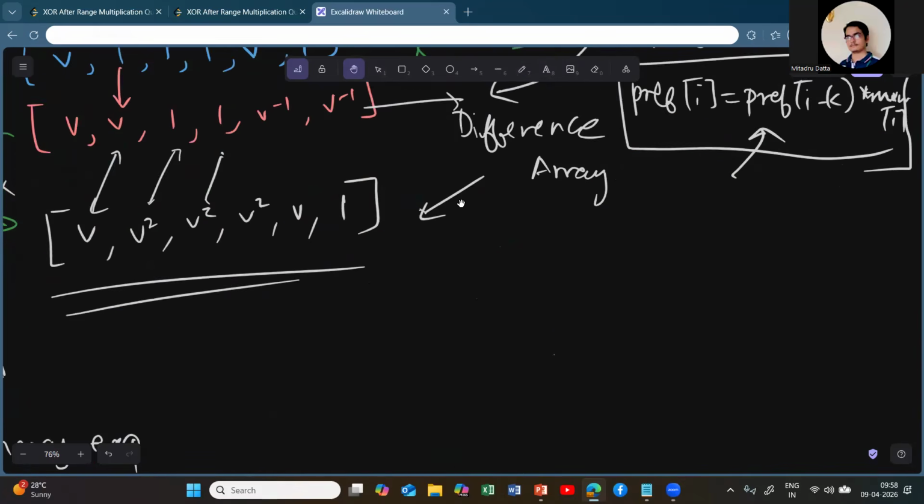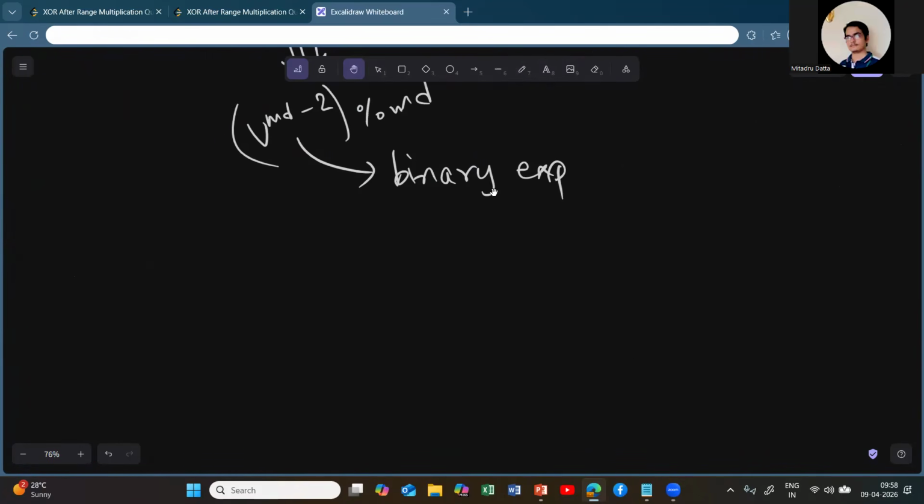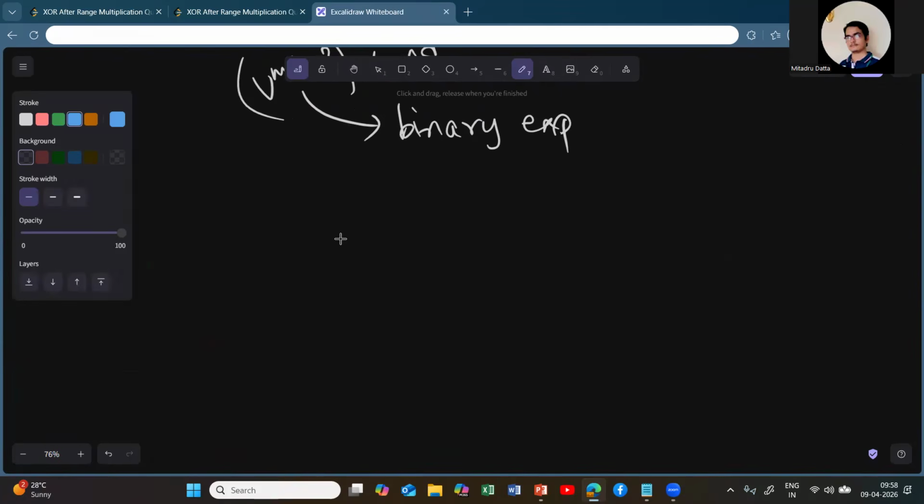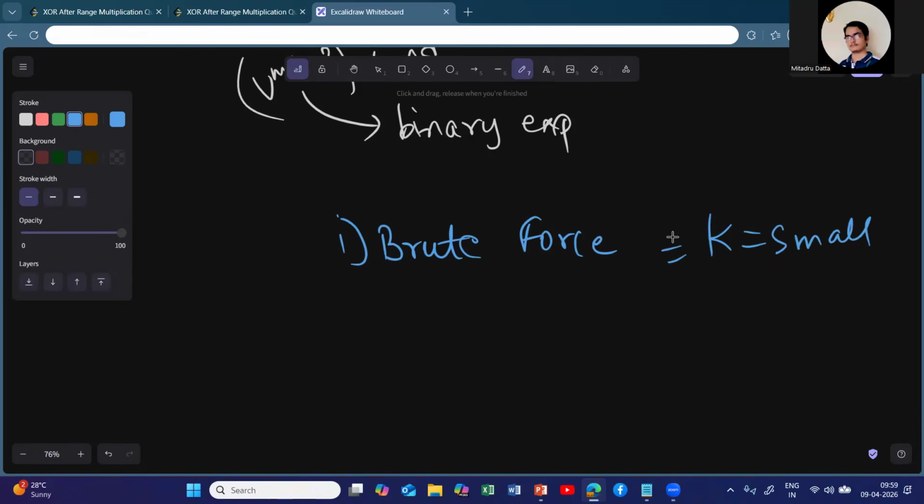So what do you learn from the two approaches? One was the brute force approach, which tells you that for k very small, there is a problem, you cannot do it.